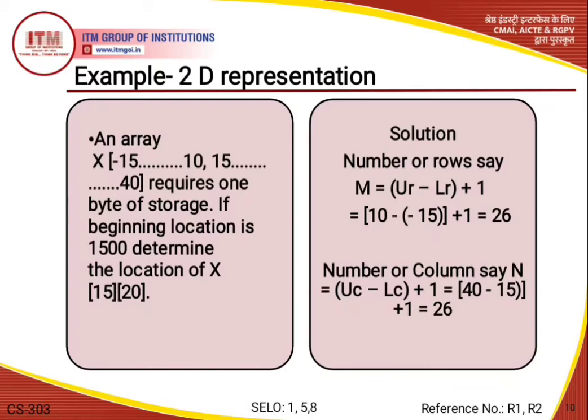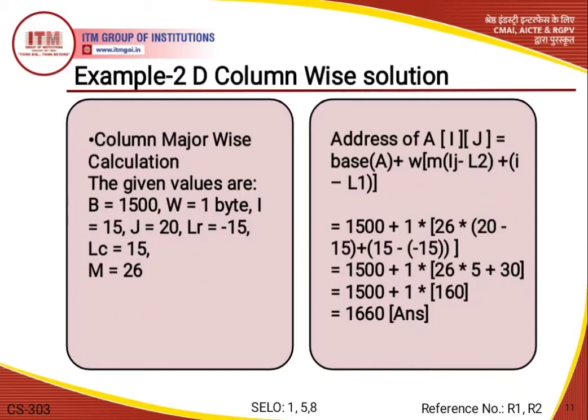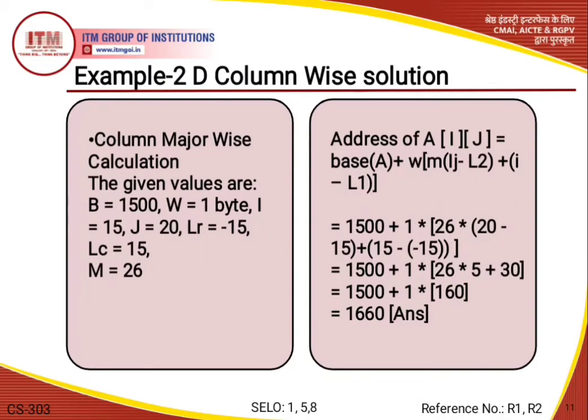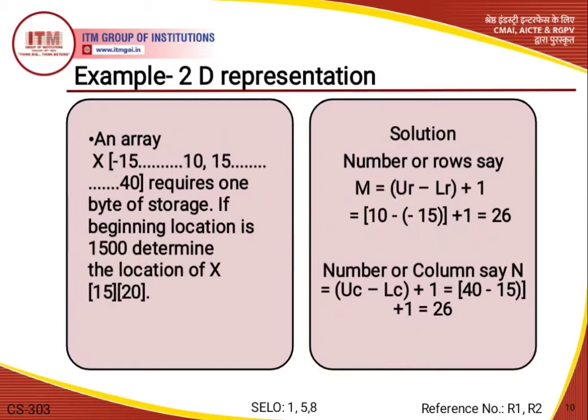Now we will solve the problem column major wise and row major wise. So first of all, column major wise, the given values are base 1500. So here we can see this is the base, which is 1500, and here 1 byte is given.